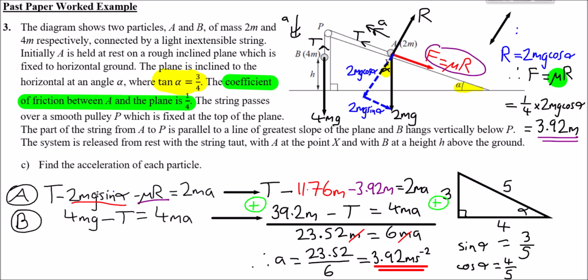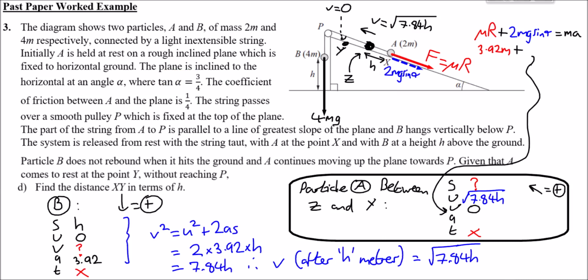This one was 11.76 m. And that equals ma. Again, now you can see that the m's will cancel. But of course it was 2ma, apologies. It's not just ma, it's 2ma, I do apologise. The mass here is 2m.